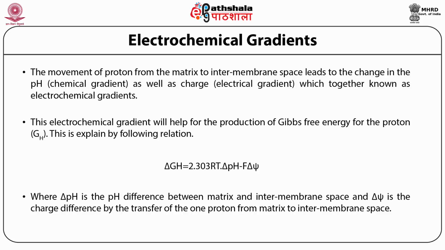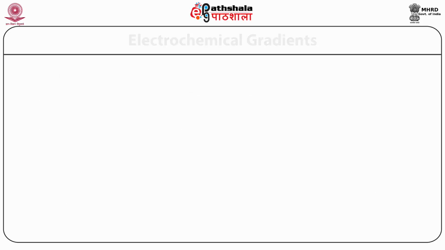So when delta pH and delta psi are known, we can calculate the delta G for the proton in the intermembrane space, because R is a gas constant and T is a temperature which is always fixed in a standard condition. At the same time, F is a Faraday constant which is also constant.